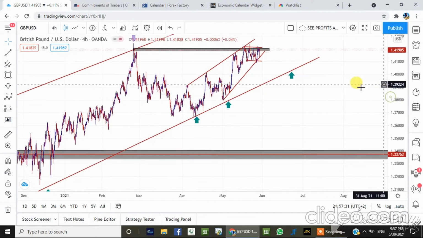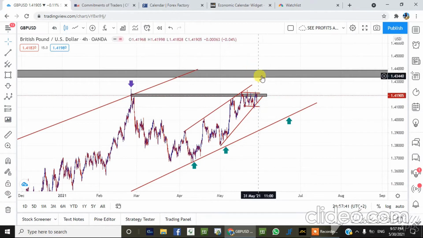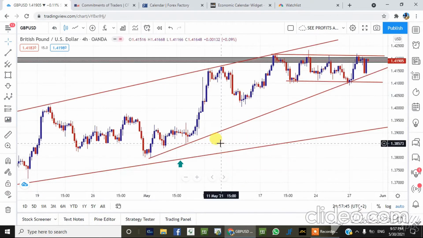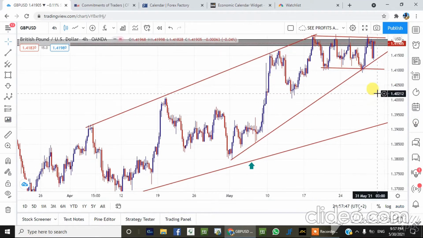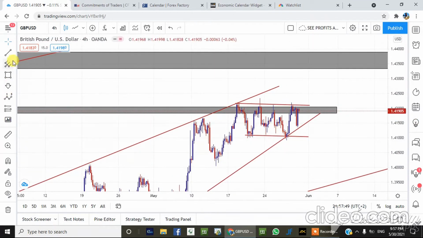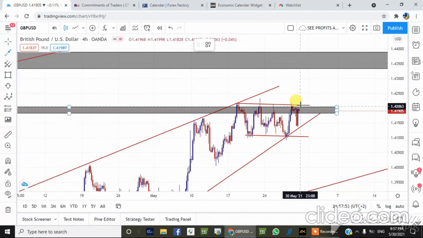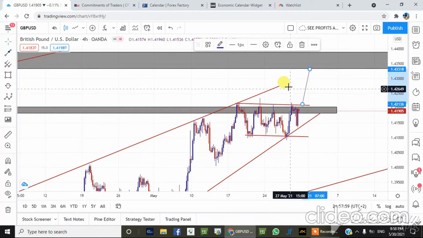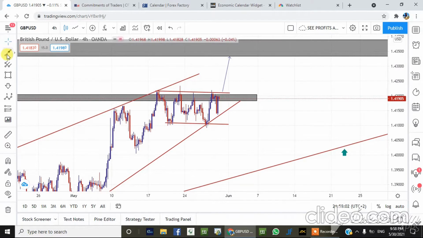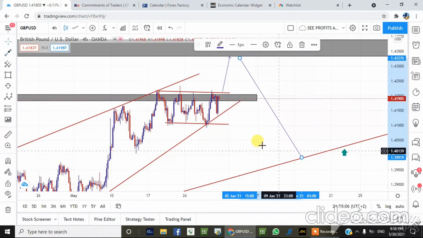But the trick is we are approaching the overall weekly time frame resistance. So what we can do, if we cater for buys, we may only cater for small buys. If the market breaks this resistance, it will turn into a support, and we'll go for a small buy before we cater for the overall drop of GBPUSD.